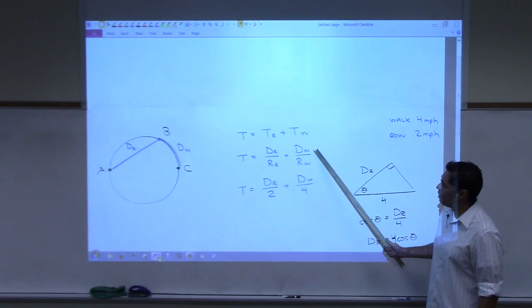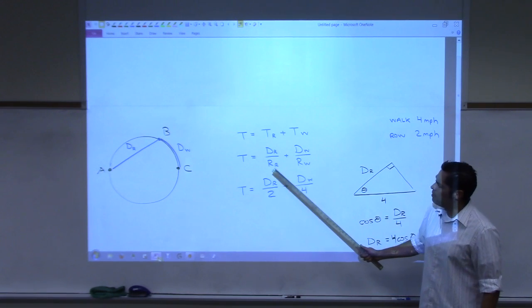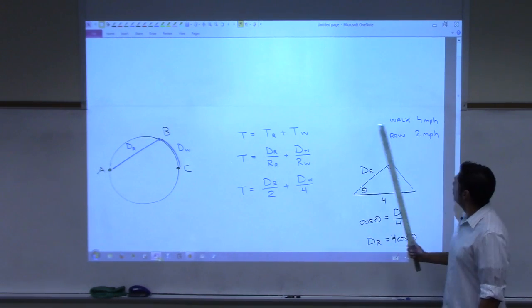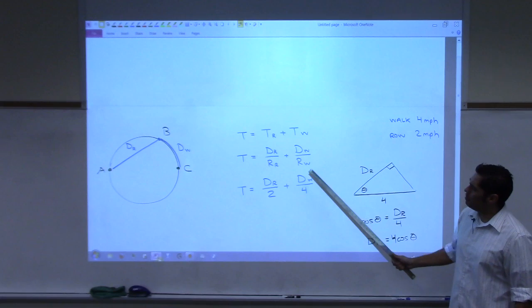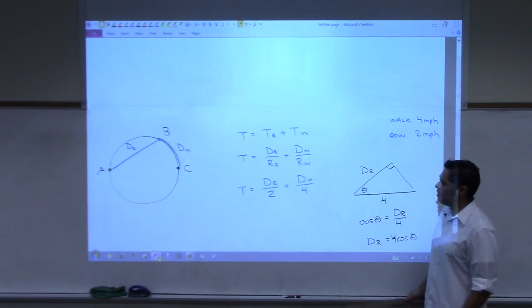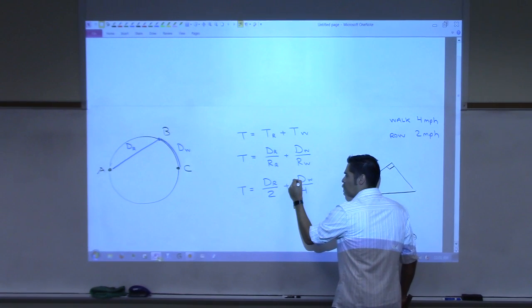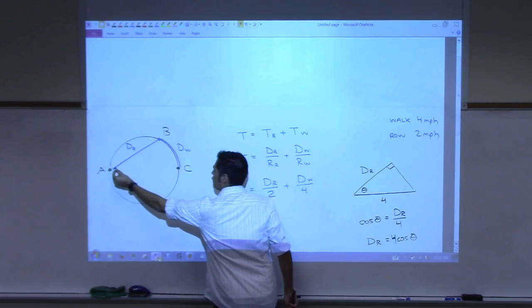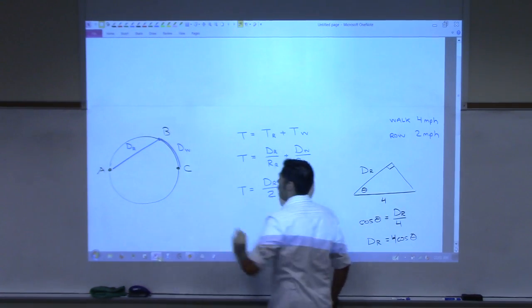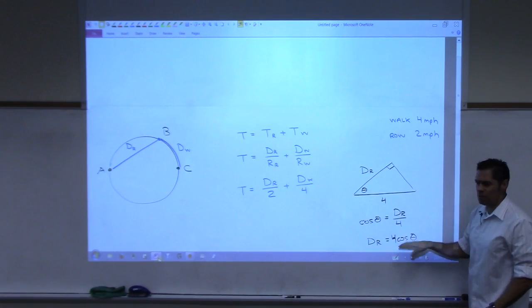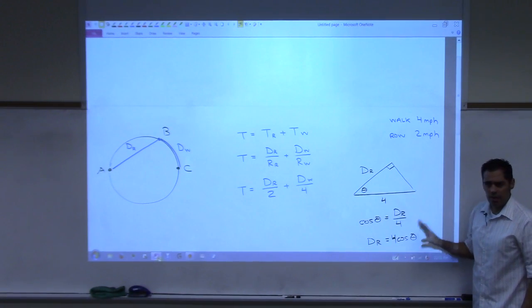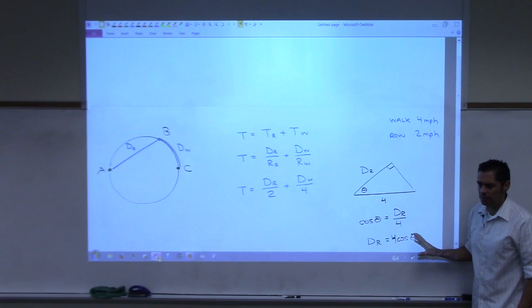And same thing here for walking. And we know the rate that she rowed was 2 miles per hour, and the rate that she walked was 4. So really, we just had to come up with the distance that she rows and the distance that she walks. We did the distance that she rows by creating a triangle and just using the cosine function. So that's kind of where we left off, all right?